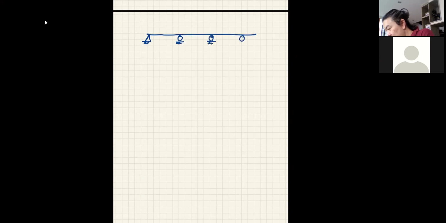Let's say like this. I'm going to erase this. Let's say if I have something like this and I push this with a load here, a load. What's going to be our deformed shape or deflected shape?